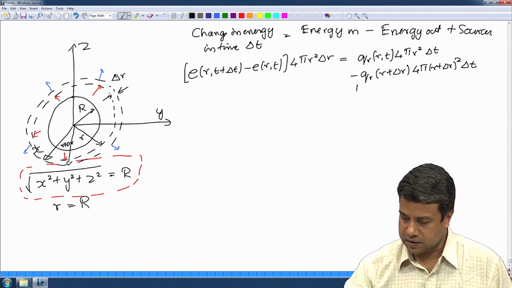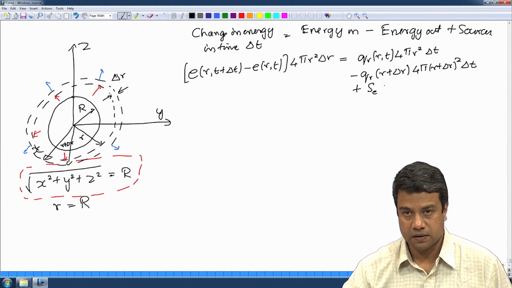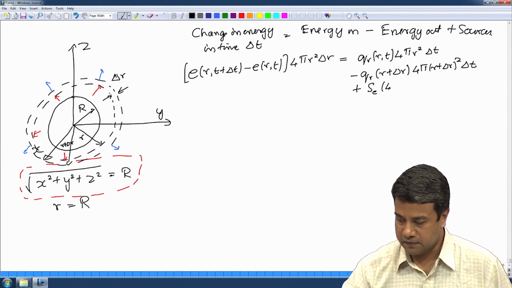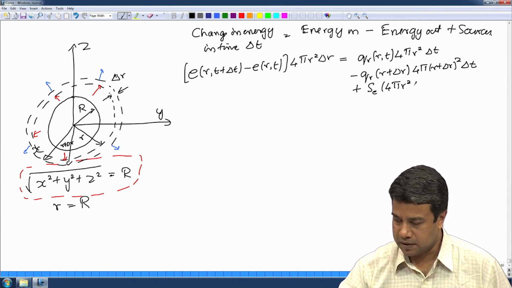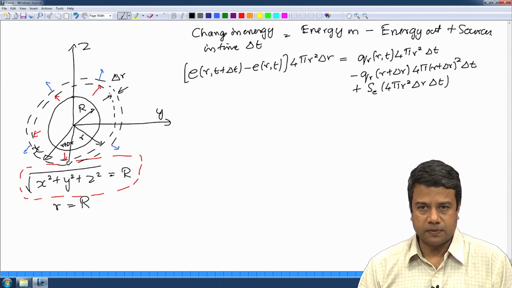Plus sources. Source in general is equal to source per unit volume per unit time times the volume, r square delta r, times delta t. So that is the balance equation.